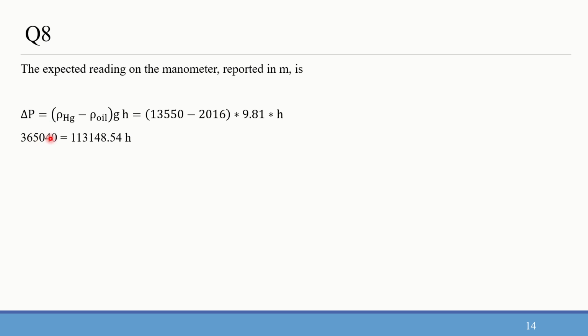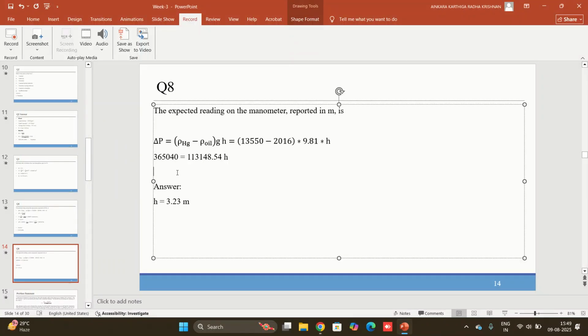So now we are just dividing this value by this value to get the value of H. H is equal to 365040 divided by 113148.54, which equals 3.23, and H is equal to 3.23 meters.